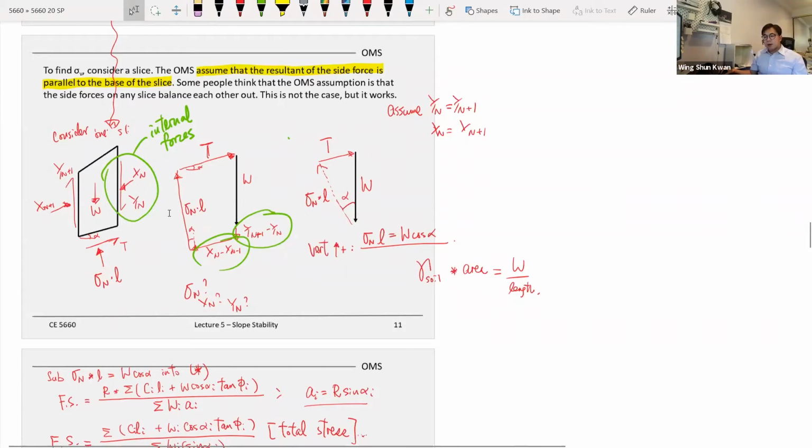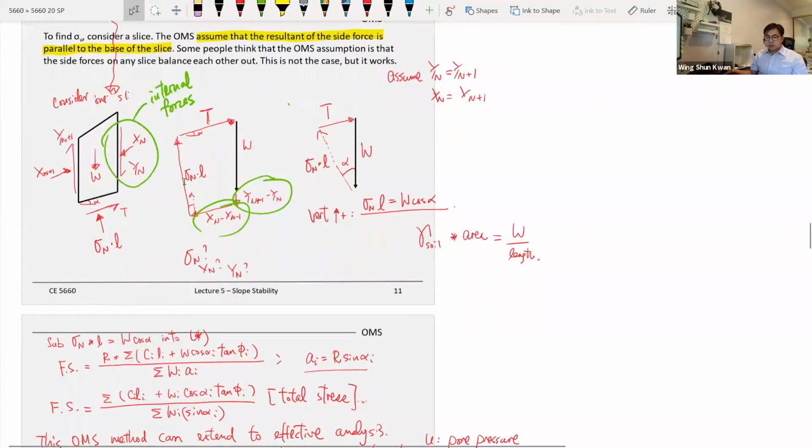They get around it by canceling out the internal force, such that from each slice you have one equilibrium condition that allows you to solve for the one unknown, which is the normal stress.